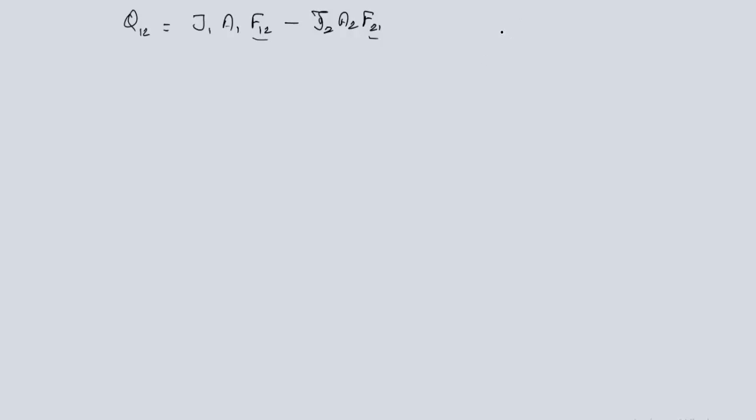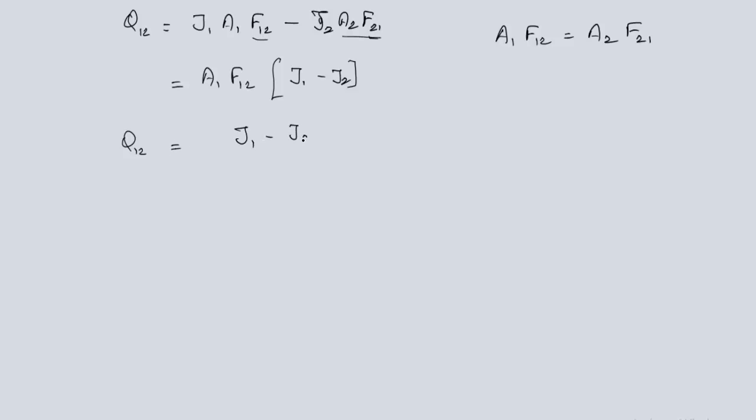The reciprocity relation is nothing but A1 F12 equal to A2 F21. So I can substitute A2 F21 as A1 F12. Taking A1 F12 as a common term, in brackets J1 minus J2, right? So now Q12 is equal to J1 minus J2, divided by 1 over A1 F12. I am just rewriting this equation.